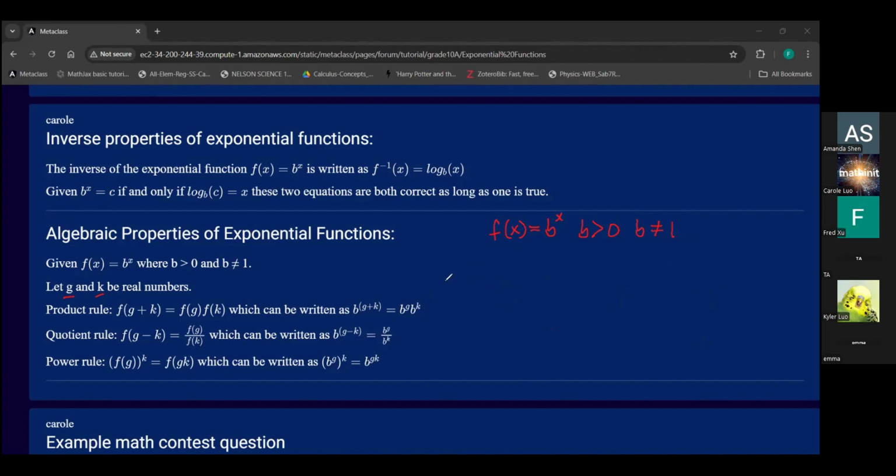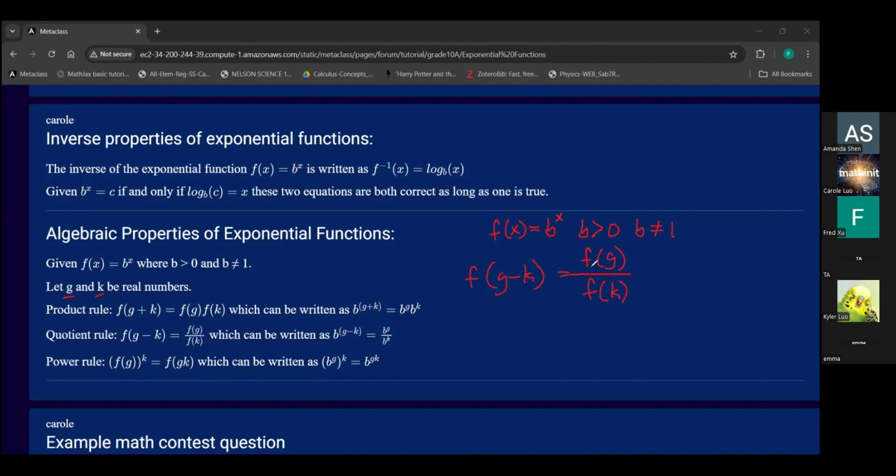Now for the quotient rule. Still using f of x equal to b to the power of x, we have f of g minus k. When it's a subtraction sign, you have f of g over f of k.